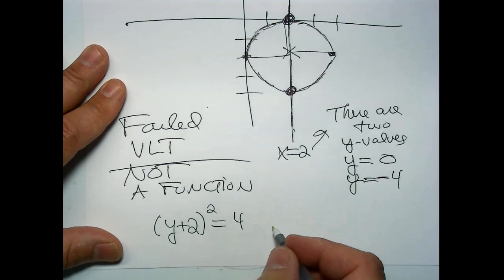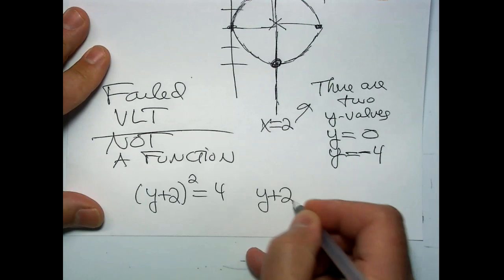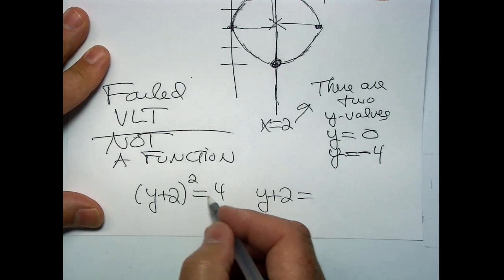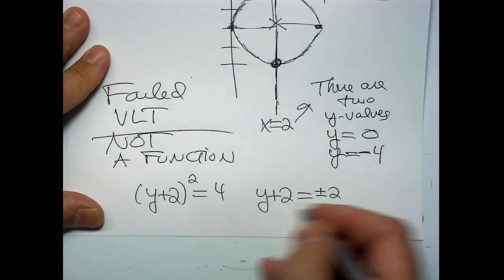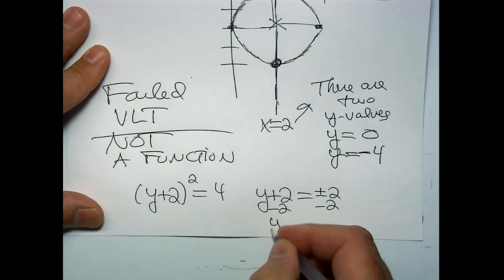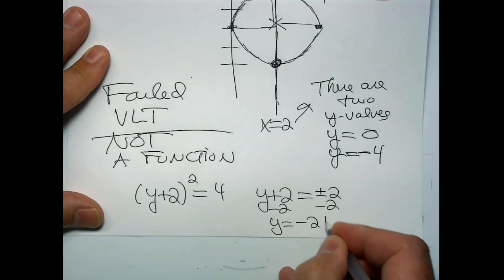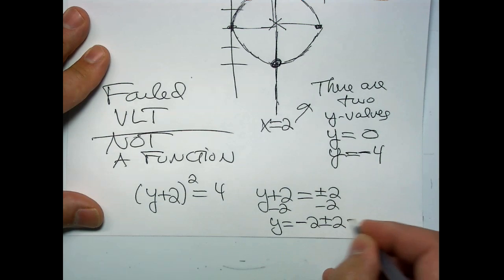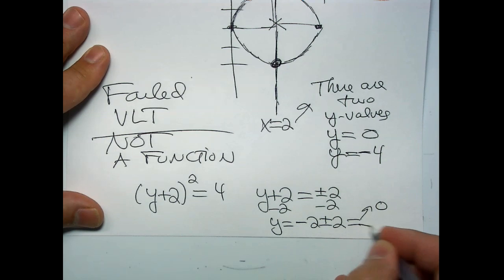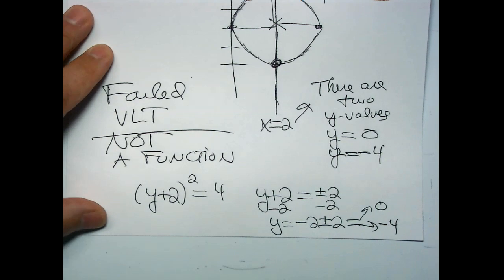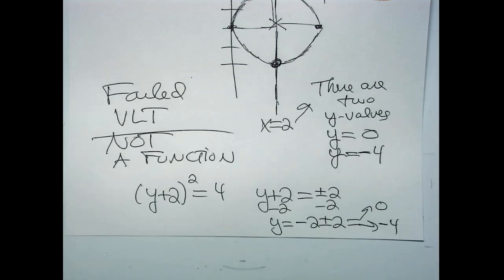Take the square root of both sides, but when you take the square root of that side, you get a plus or minus, and you get y equals negative 2 plus or minus 2, which is 0 and negative 4. I can tell you that having a y squared in a relationship usually is a giveaway. It's not a function. And you can see that it fails the vertical line test.